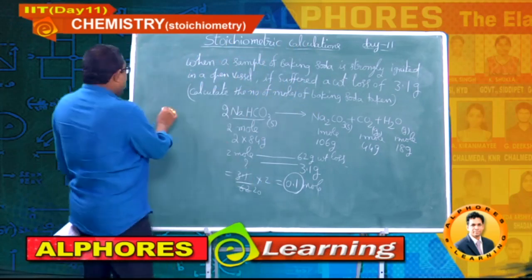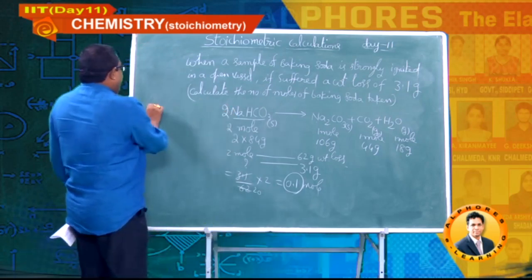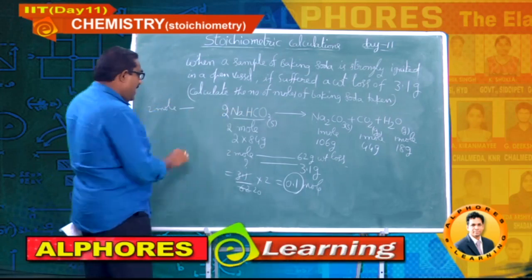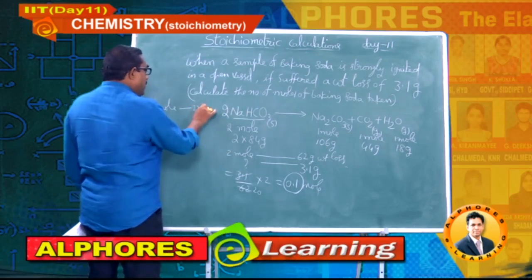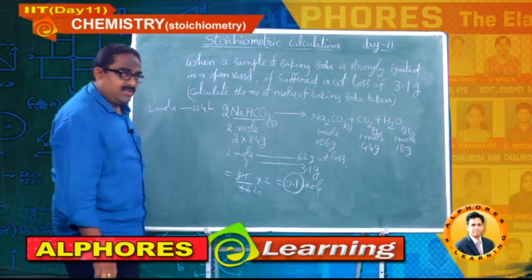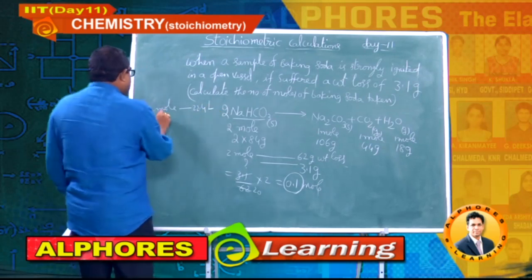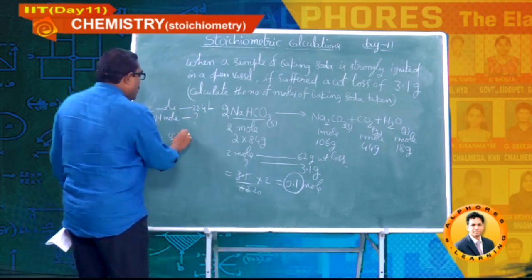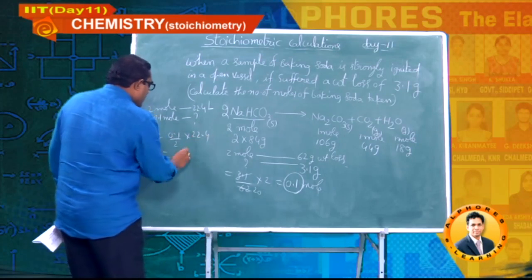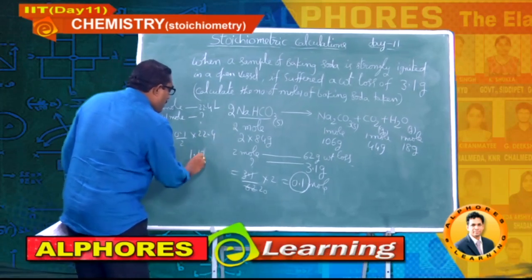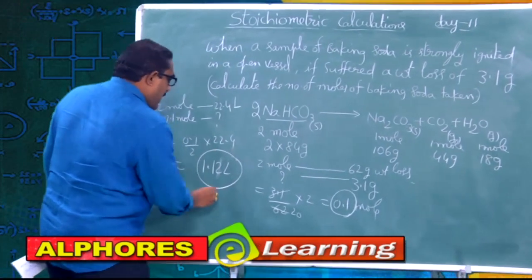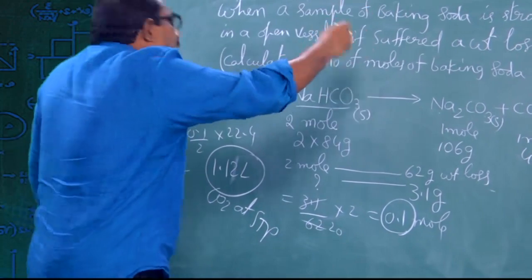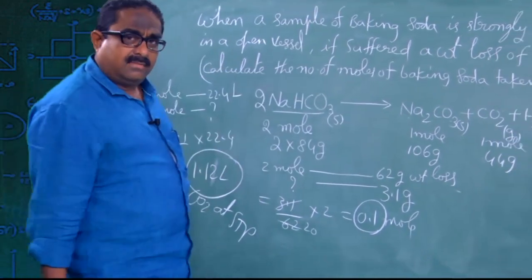See, from this chemical equation, 2 moles of sodium bicarbonate gives 1 mole of carbon dioxide. 1 mole means 22.4 liters at STP, students. But this time, based on this data, you have how much? Only 0.1 mole. So, 0.1 by 2 into 22.4, that is only 1.12 liters of carbon dioxide gas at STP will be obtained. That question may also be asked based on the same data.